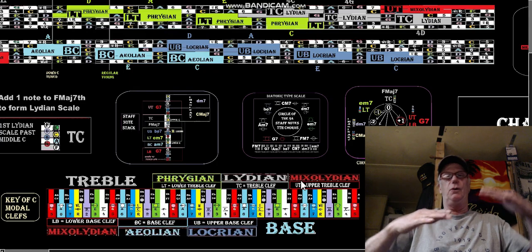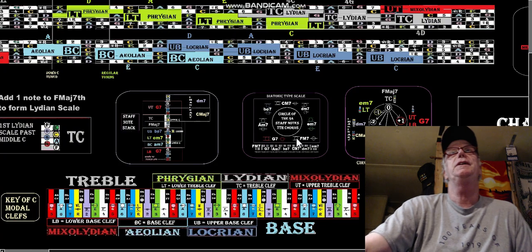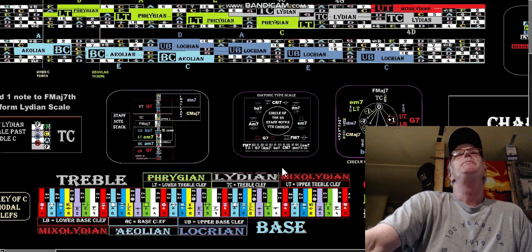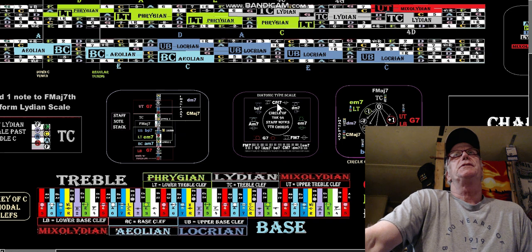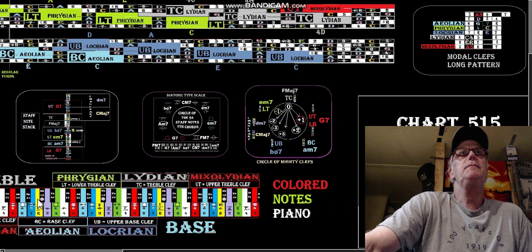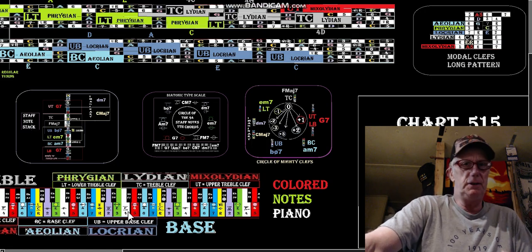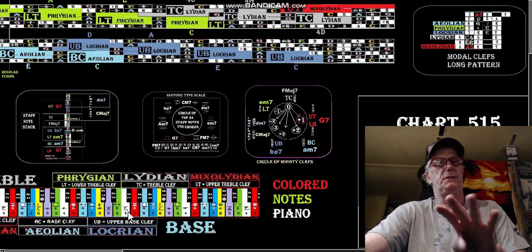I've dealt with all kinds of stacked labelings, so this is very easy and very obvious. These are your major sevenths that go around the keyboard. And we have to talk about this. But anyway, this is how we break it up here in the modal breakup of the 6 segments of the clefs.